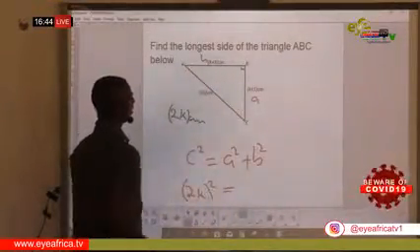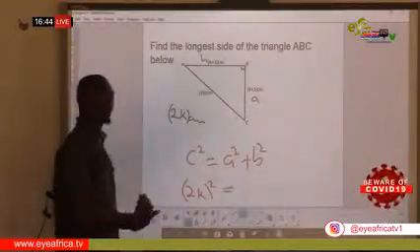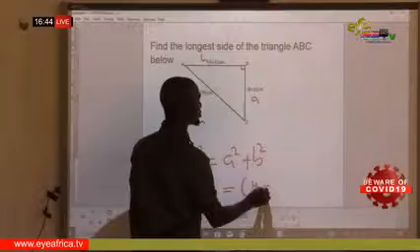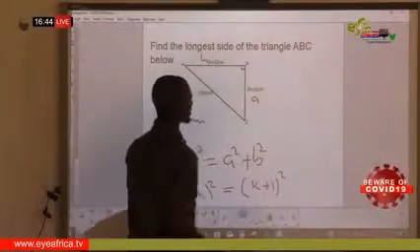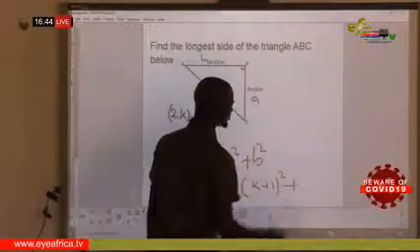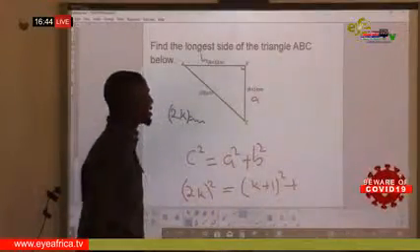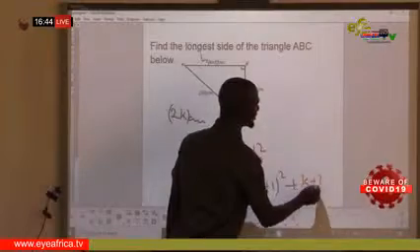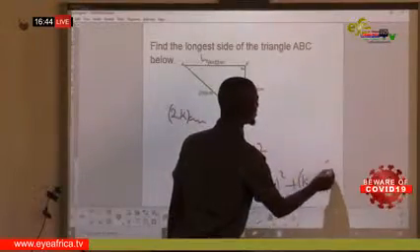So 2k square, and now A is k plus 1. So we will have k plus 1 whole square. That is A. What is B? From the diagram, our B is k plus 3. So you will have k plus 3 whole square.